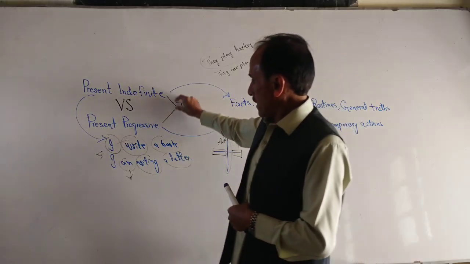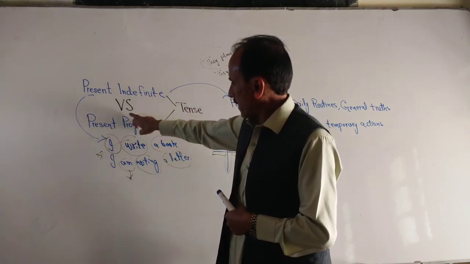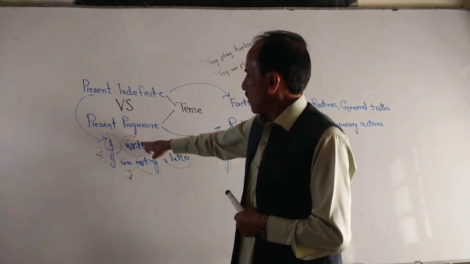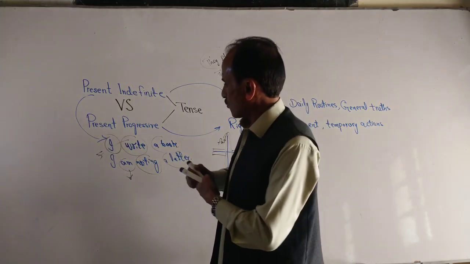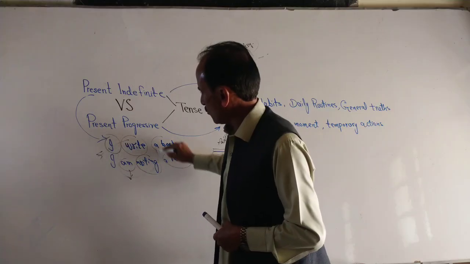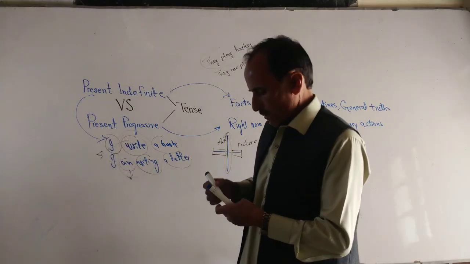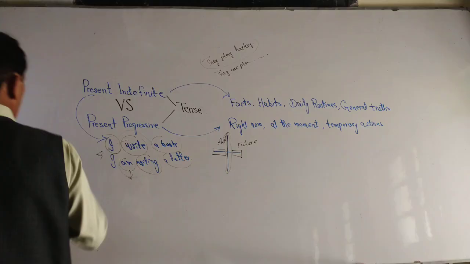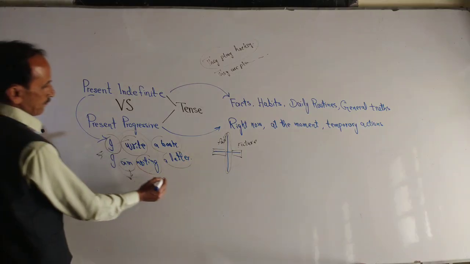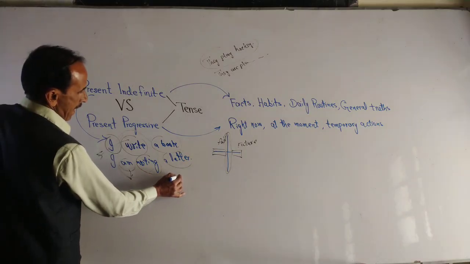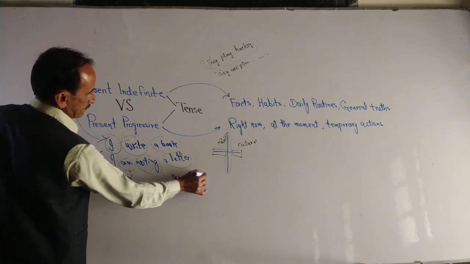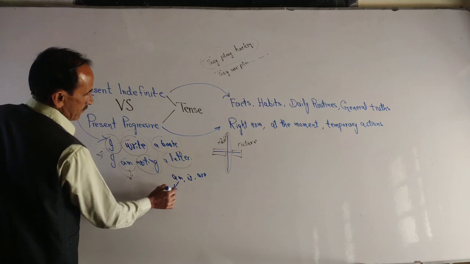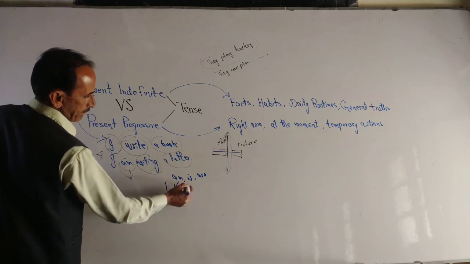So the main thing is how to use the verb in these two tenses. In present progressive or present continuous tense, the helping verbs are am, is, and are. With I, we use am: I am.